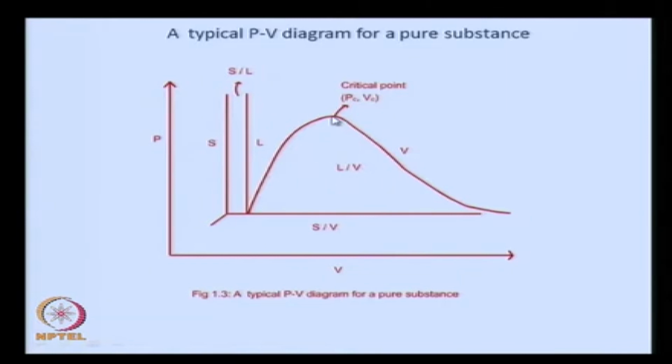top point of this is the critical point. Beyond this you have critical behavior, where the properties are very different. We said that we are not going to look at the properties of the critical phase in this particular course. So, this is the critical point, just to recall.